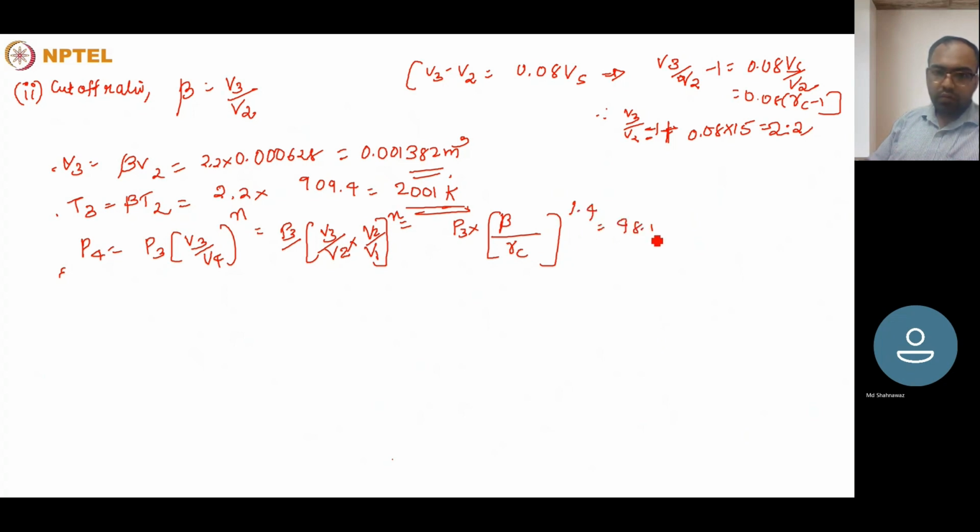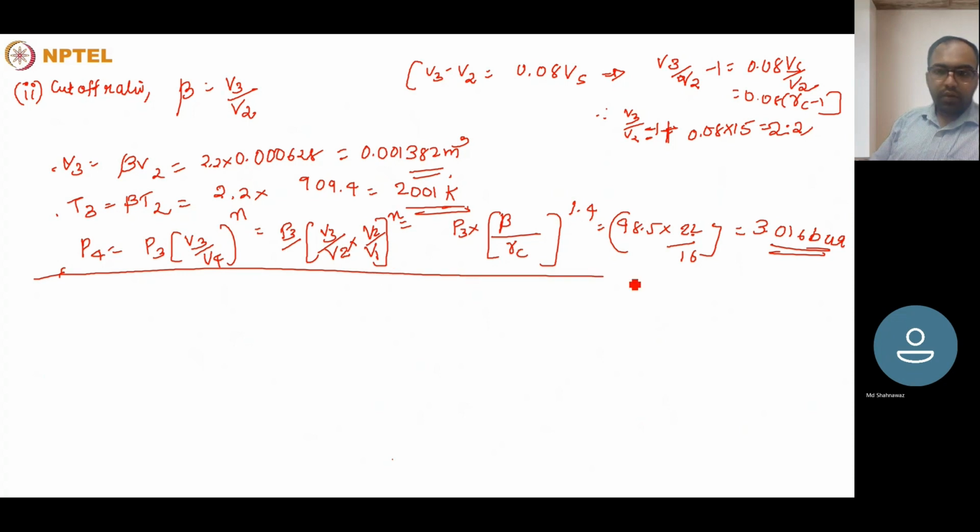So 48.5 into 2.2 over 16, and it will be coming around 3.016 bar. That will be the final pressure value at the exit of the expansion process.